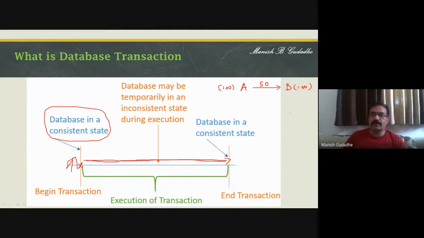Now, how will this transaction happen? This transaction is going to first read A. Okay, it is going to read the balance of A. So A is equal to 100. Now what is it going to do? A is equal to A minus 50. Am I right? Then it is going to do B is equal to B plus 50.